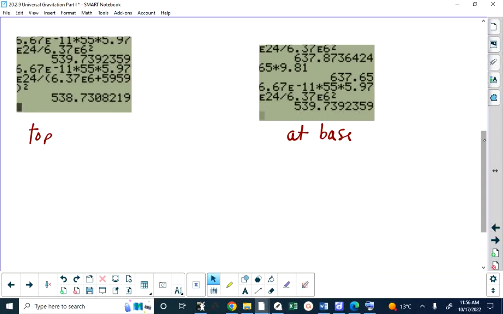It's about a Newton, which isn't a lot. I mean, you played around with spring scales, you know what a Newton is. It's not a lot of force. But, you know, technically, you want to lose weight? Climb a mountain. Now, you will lose weight because you will be further away from the center of the Earth. You'll also lose some weight because it's going to burn some calories going up the mountain.